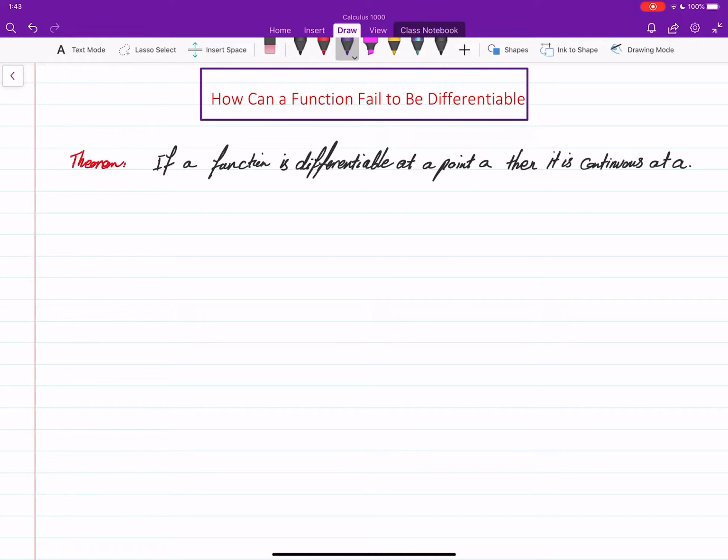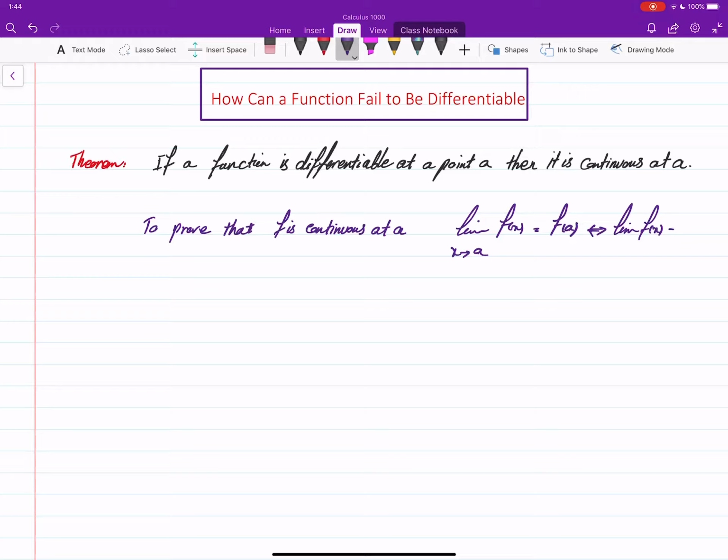So see, to prove that f is continuous at A, we need to prove that the limit of f of x as x approaches A is f of A, the value of f at A. Or equivalently, we can show that the limit of f of x minus the constant, which is the value of the function at A, as x approaches A, is equal to 0.